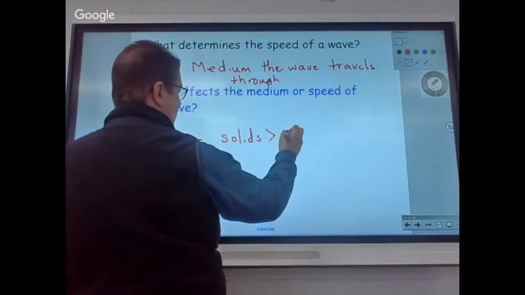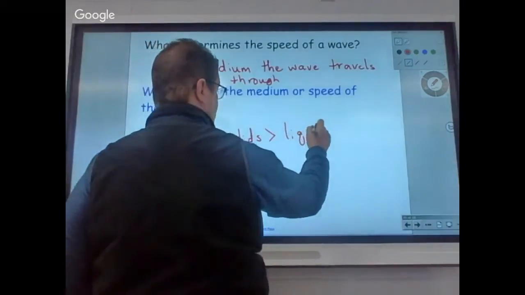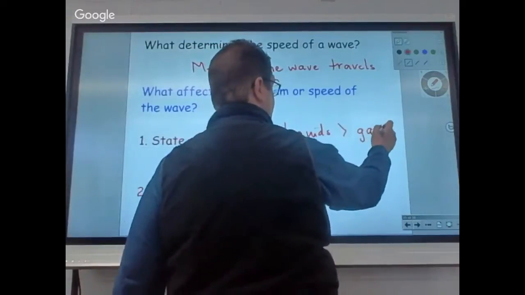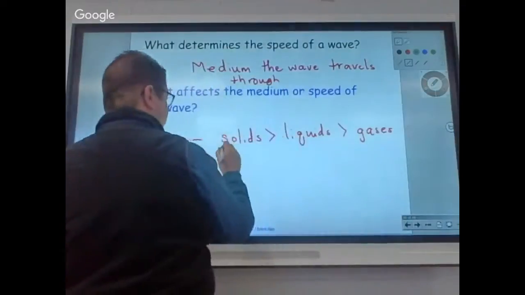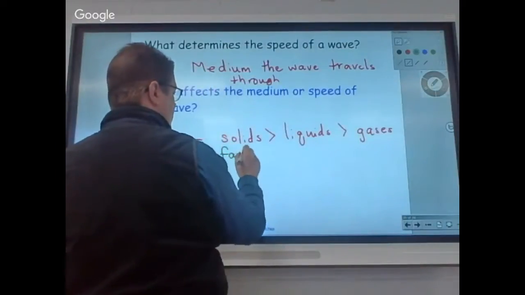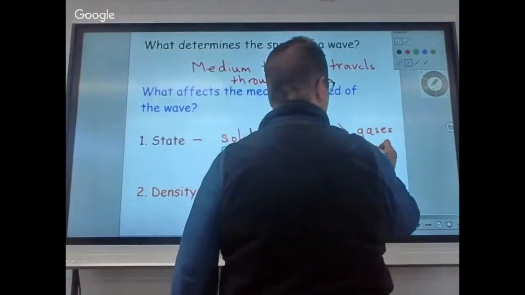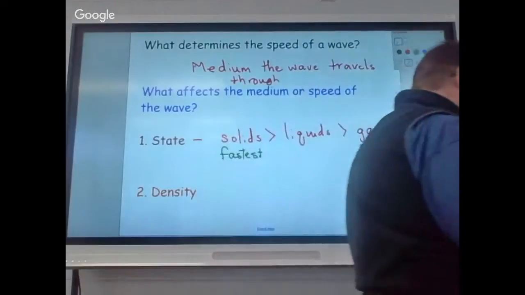Solids are greater than liquids, and then they're greater than gases. Basically, waves are fastest in solids, and they're slowest in gases.